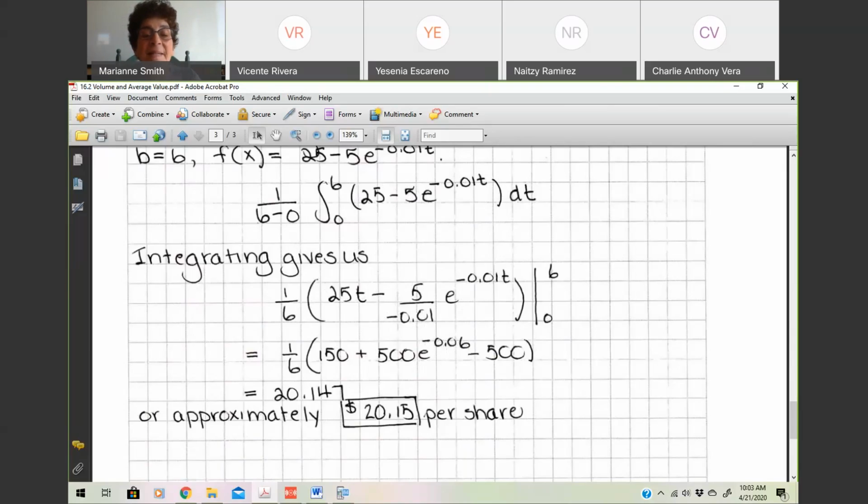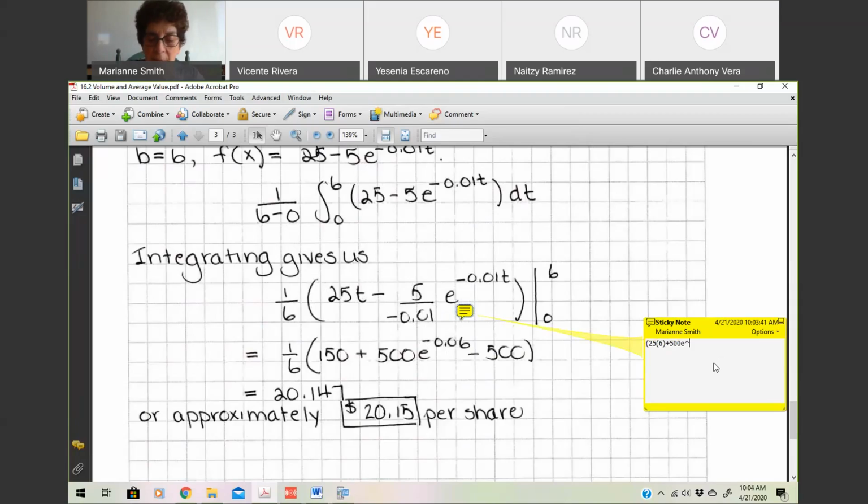Looking at this, I probably shouldn't have left out so many steps. Let's see if I can put these in a comment. So what do we have here? We have 25 times 6 plus 500 e to the negative 0.01 times 6.